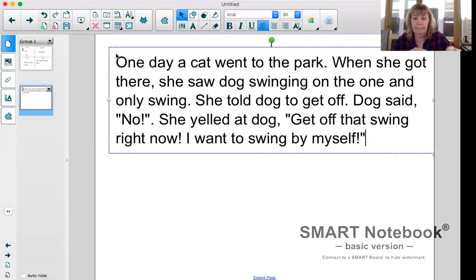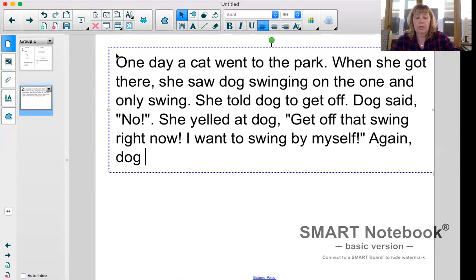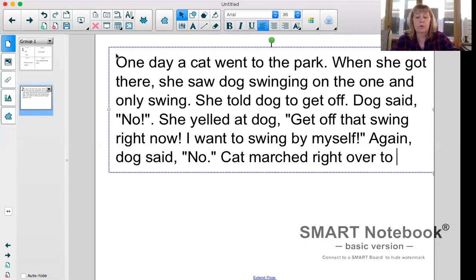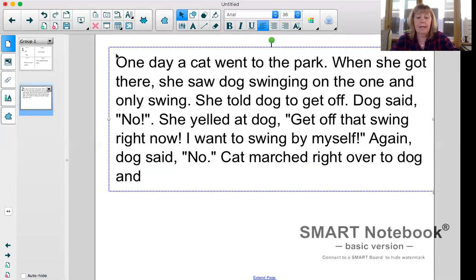Not very nice. Again, dog said no. Cat marched right over to dog and pushed him off the swing.